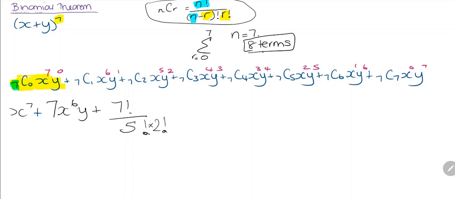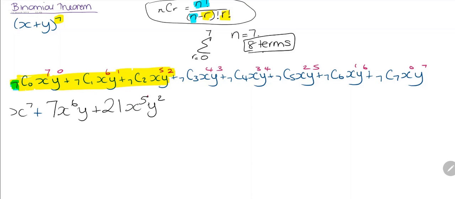And if we work this out, this will give us 21. So I'm just going to replace this with 21, and this is x to the 5 and y squared.